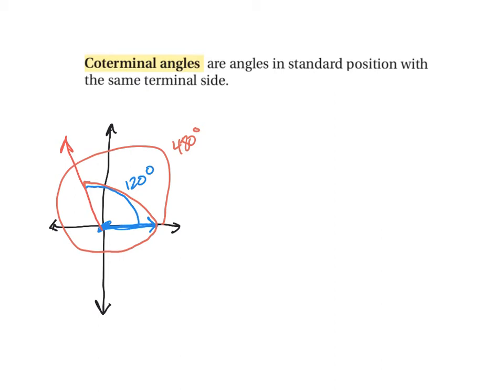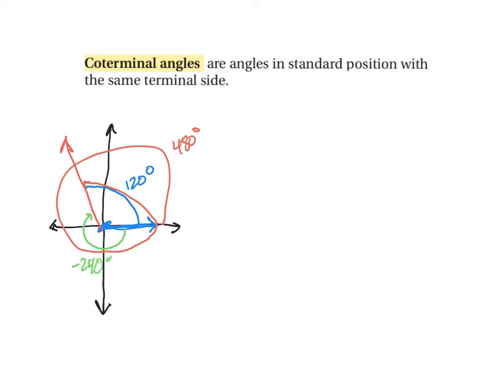Another way to get to that terminal side is simply to start in the opposite direction. If I start in the negative direction and go around this way and stop at the terminal side, I get a negative 240. So this green angle here is negative 240 degrees.